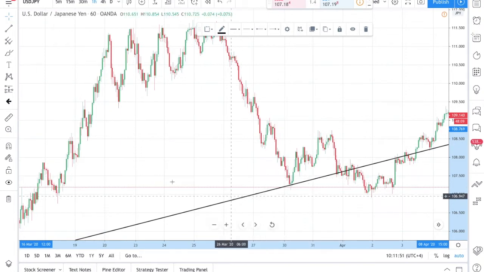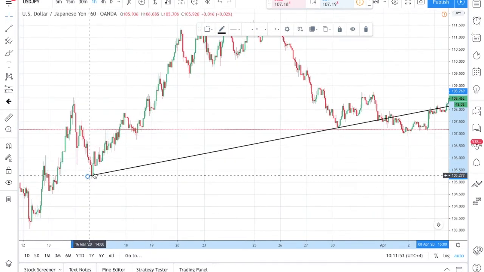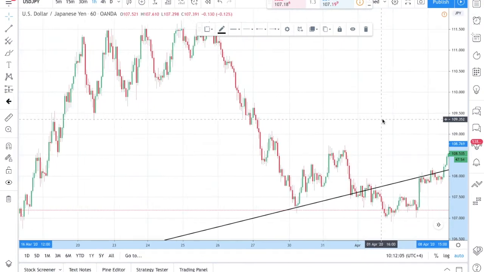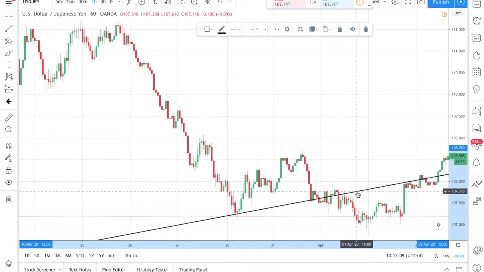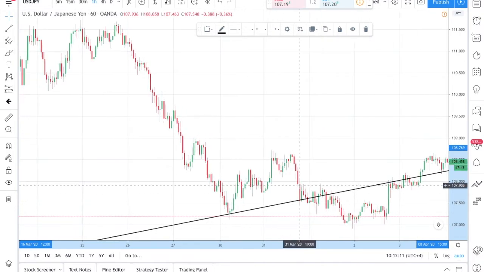Guys, look at the market, what happened here. Let me explain it to you guys. So here, we got to know that we have a support trend line. This is our first, this is our second attempt, and this is our third attempt. Guys, you see, there is a problem here.